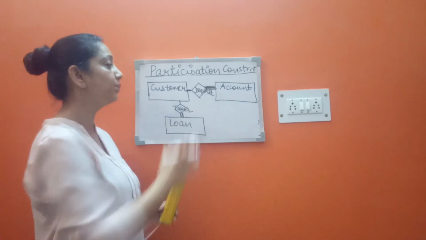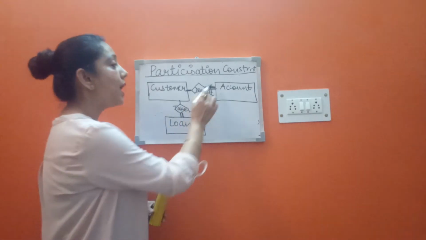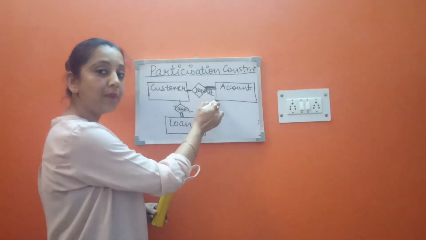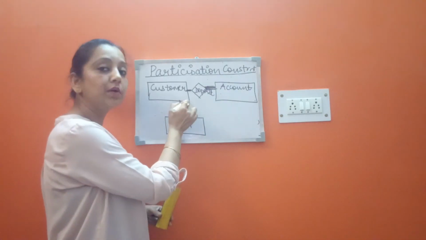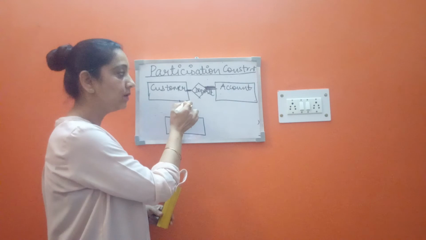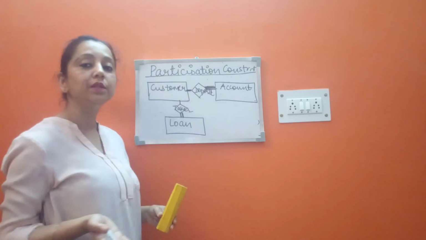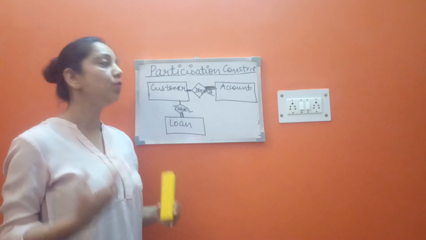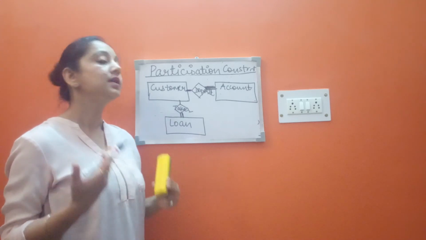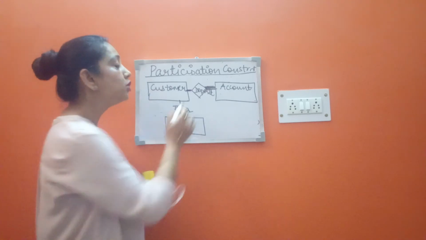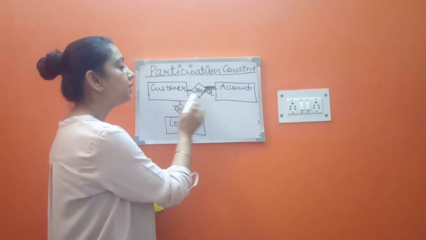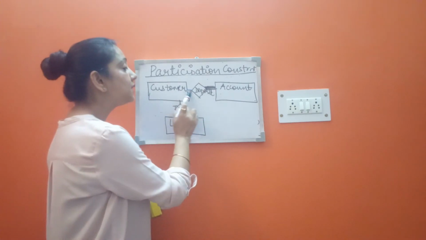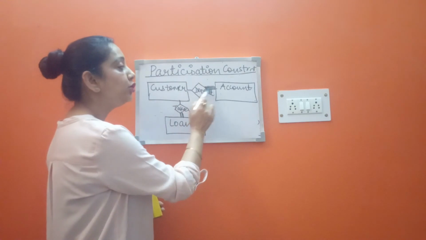So we can see here that every person who has an account in the bank is a customer of the bank. Yes? When you have an account in the bank, that means you are a customer. So obviously every person who has an account in the bank is a customer of that bank. So hence we have total participation with the customer. But every customer does not need to open an account.